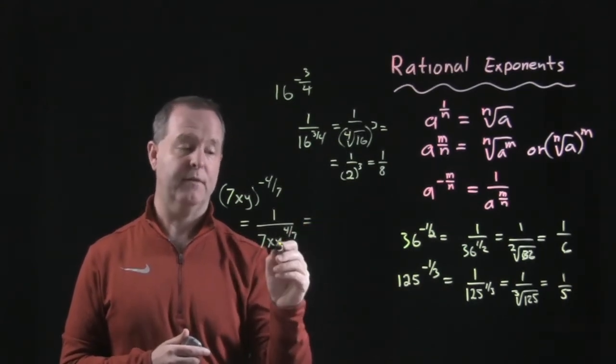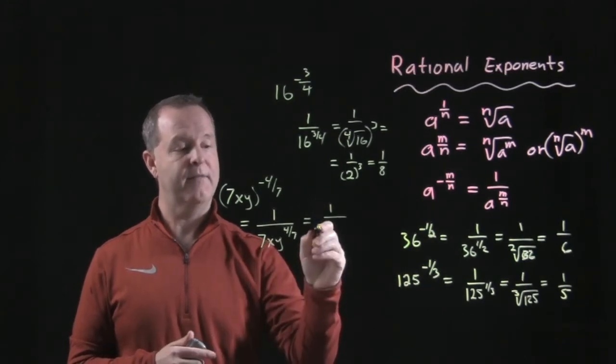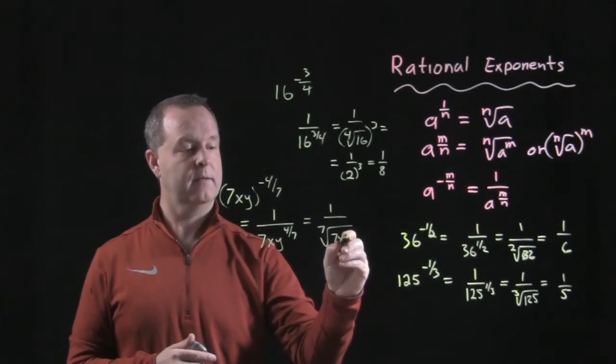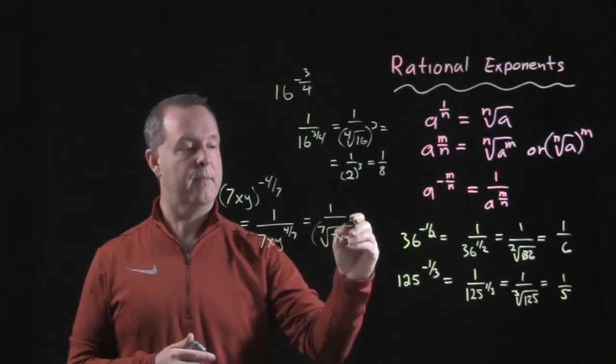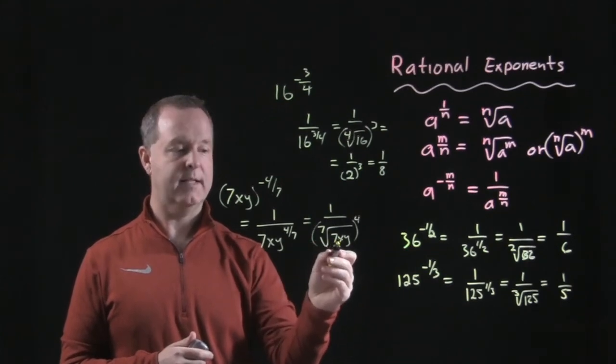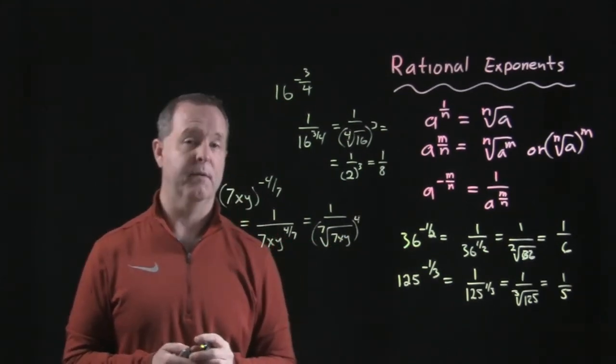And then let's translate from exponent world to root world. This becomes the 7th root of 7xy to the 4th power. And there's no perfect sevenths in 7xy, so that is reduced and simplified from there.